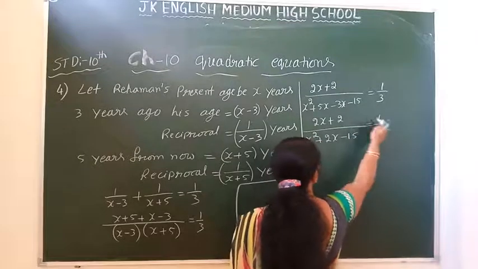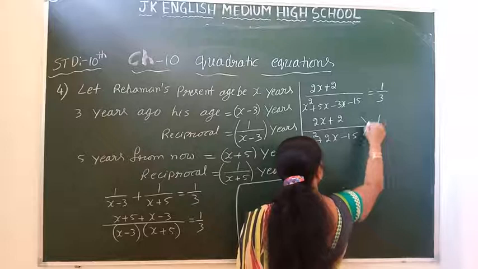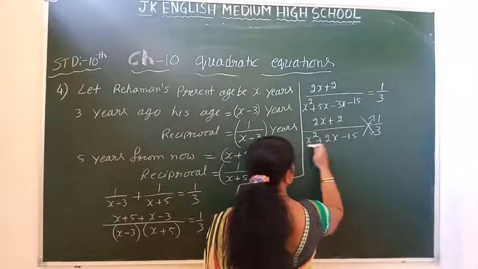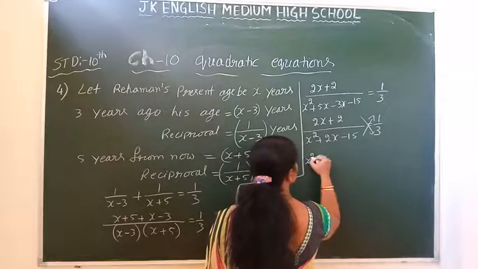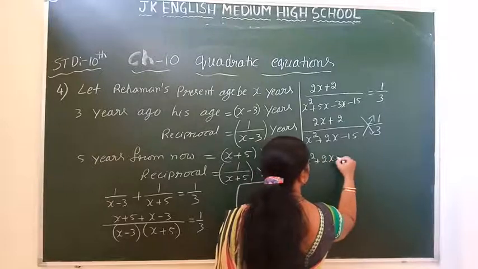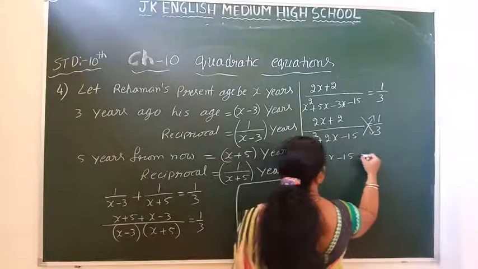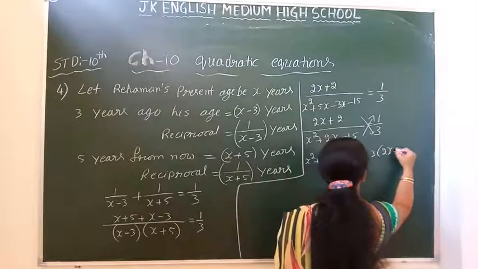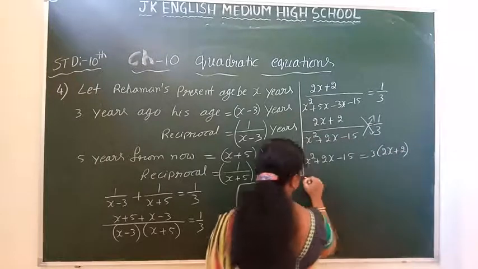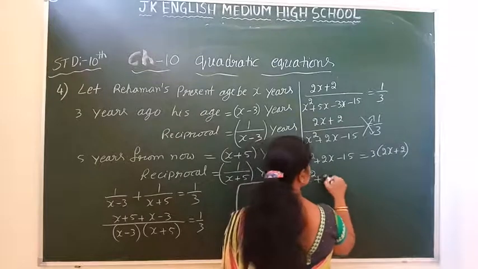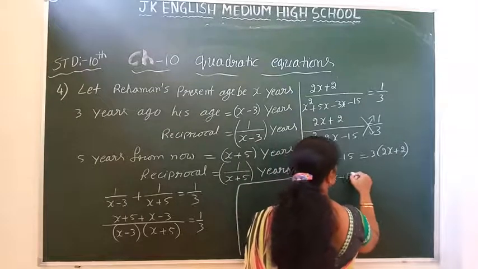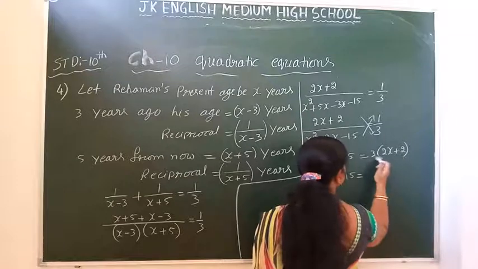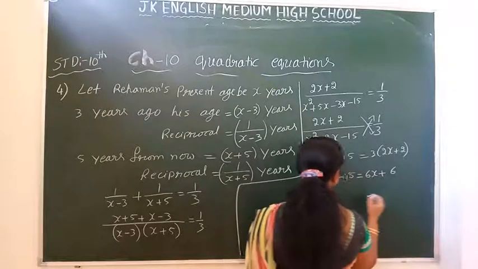Cross multiplication you do it. If you do cross multiplication, 1 into this is same, x square plus 2x minus 15 is equal to 3 into 2x plus 2. So x square plus 2x minus 15 is equal to 3 twos are 6x plus 3 twos are 6.